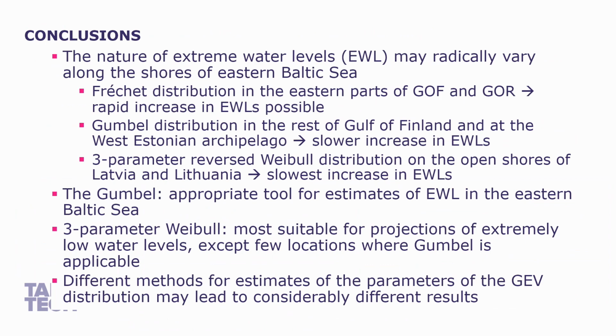And to conclude, the nature of extreme water levels may radically vary along the shores of the eastern Baltic Sea. In the eastern parts of the Gulf of Finland and Gulf of Riga, the extreme water levels seem to follow the Frechet distribution, and therefore they may exhibit rapid increase in time.